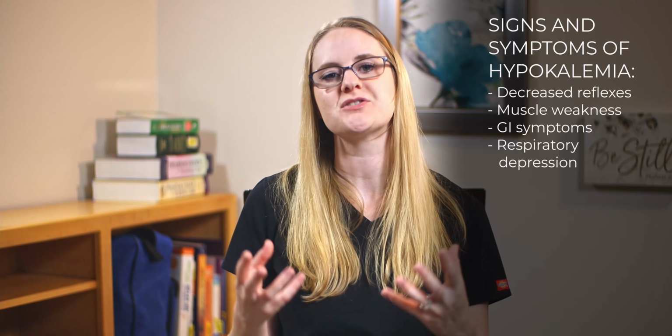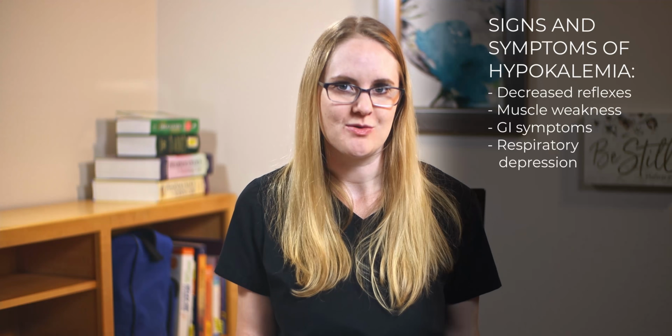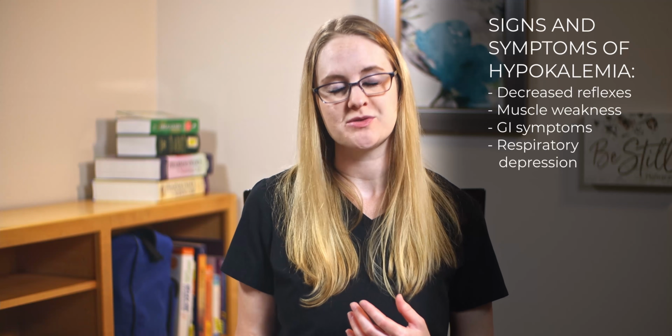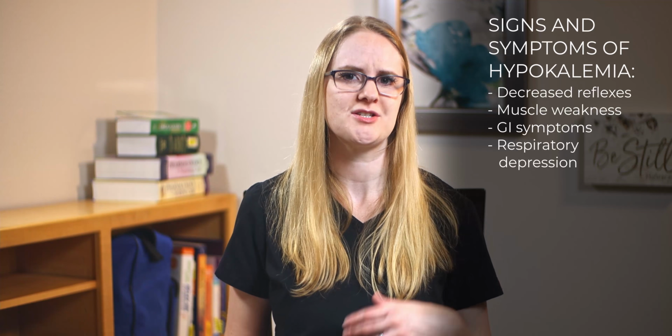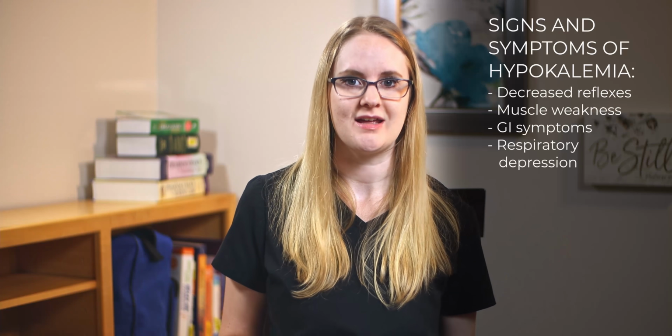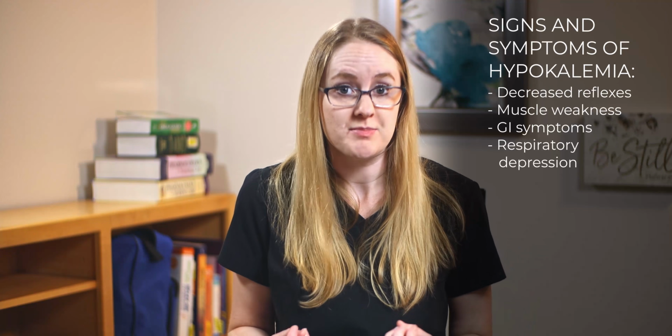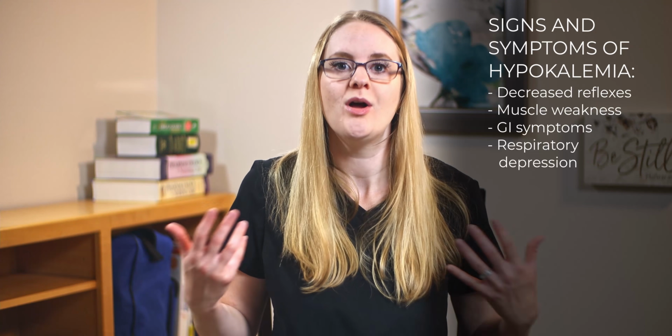So when there's not enough potassium to help the muscles to contract, the muscles will just be weak. So this muscle weakness will cause those decreased reflexes, the GI symptoms, right? Constipation, nausea, vomiting, paralytic ileus, where there's an obstruction because the bowel stopped functioning, the GI tract stopped functioning, and respiratory depression because the respiratory muscles are now weak.